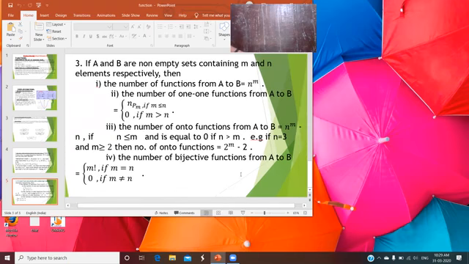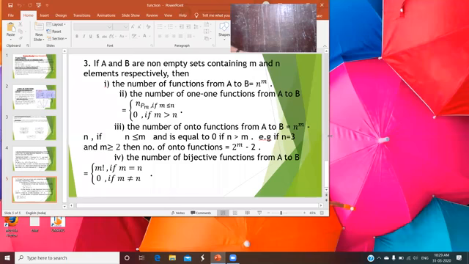In the same way, the number of bijective functions from A to B is factorial m if m is equal to n, and if m is not equal to n, that is equal to 0.